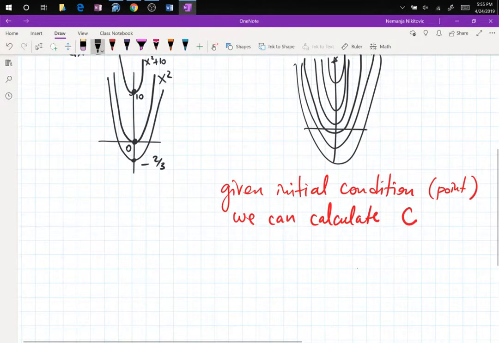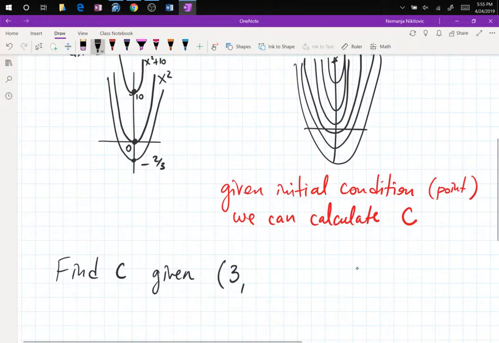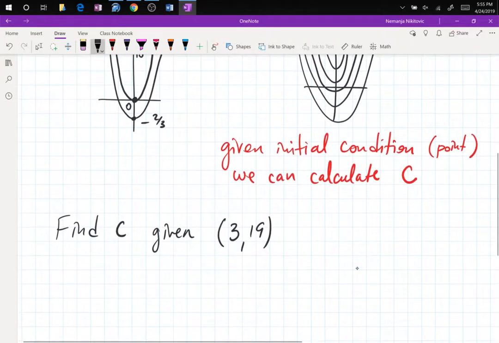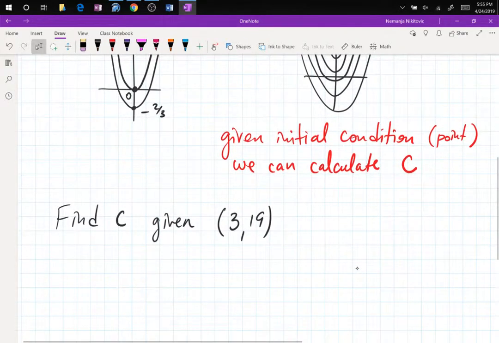So now, find C given 3, 19, whatever, just whatever point. So what do we do? Well, we plug in, exactly. What is our function? We had that the integral of 2x dx gave us x squared plus c.